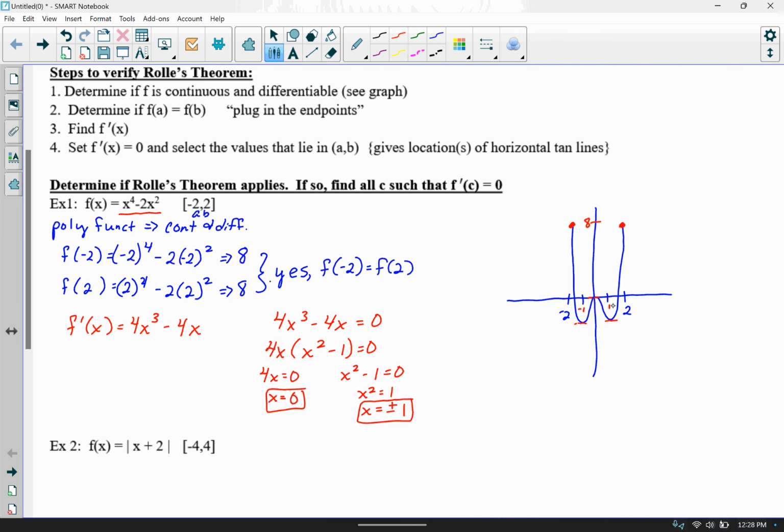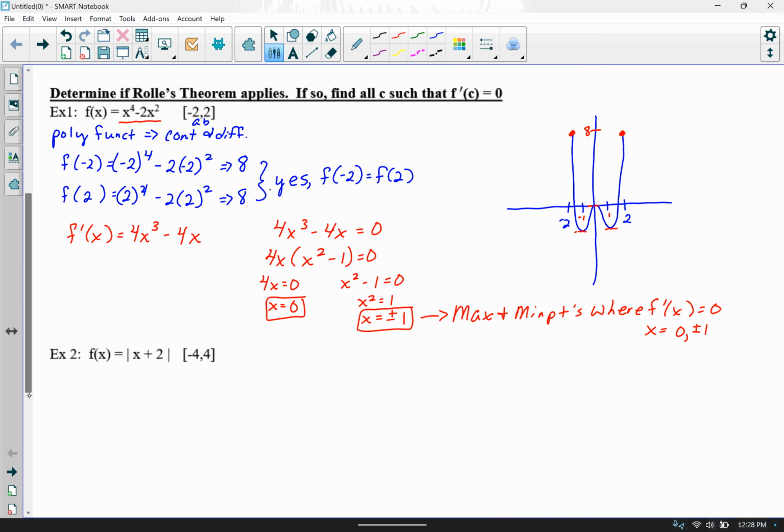They are indicative of local max and min points where f prime of x was equal to 0, and that's x equals 0 plus or minus 1. So those are your 3 c values there, okay?